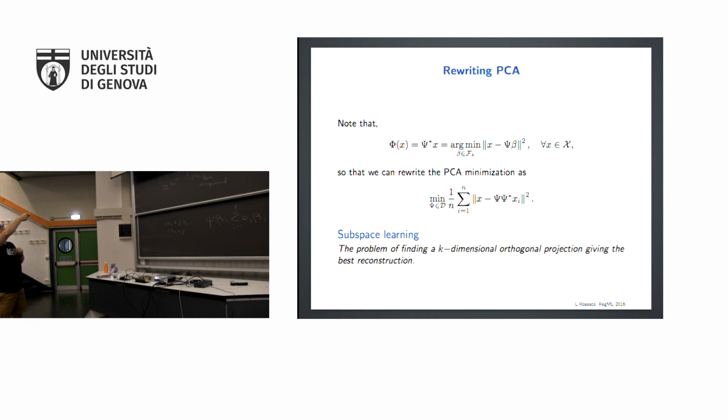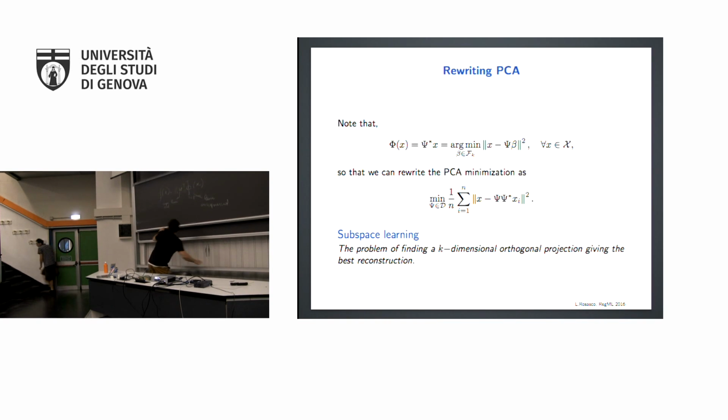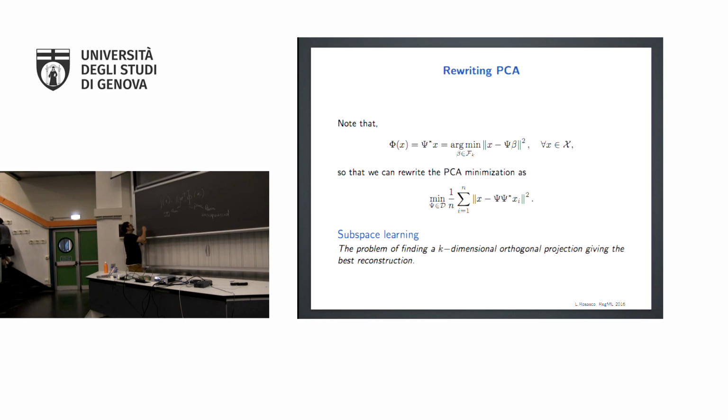Well, you see it, you have to take twice psi transpose applied to x minus psi beta. So if you minimize that, you get psi transpose (x minus psi beta) equals 0, with the 2 that I already took out.